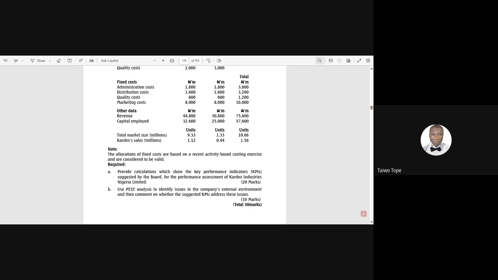What is the return on capital employed for workshop? You know, the formula is operating profit divided by capital employed multiplied by 100.